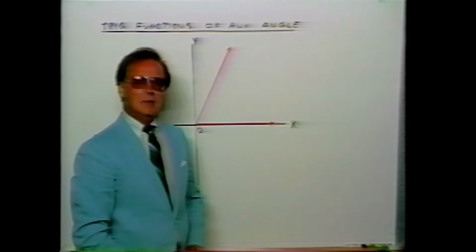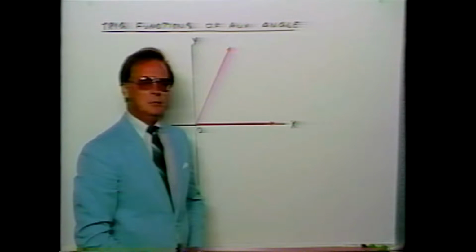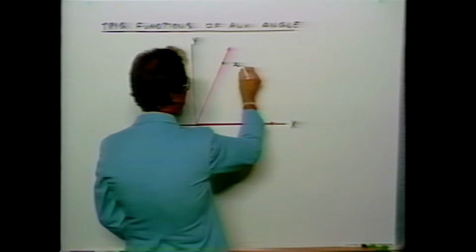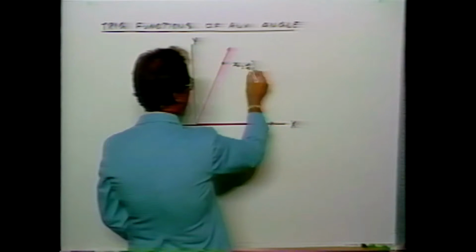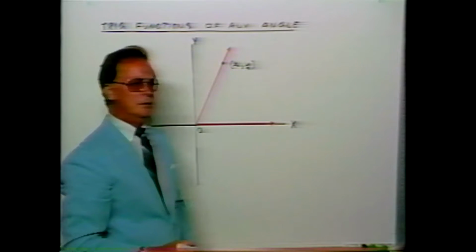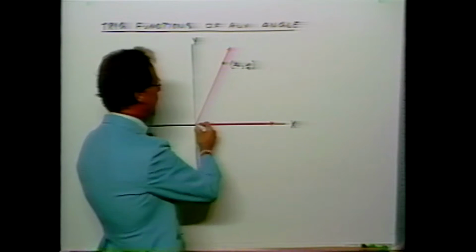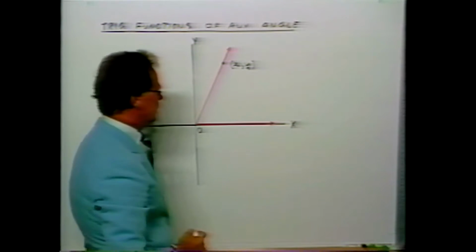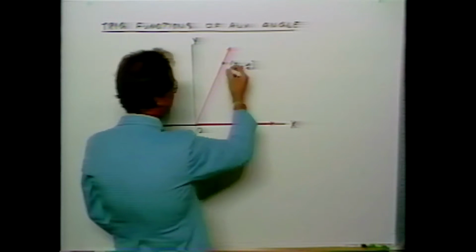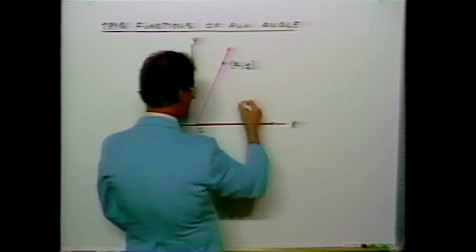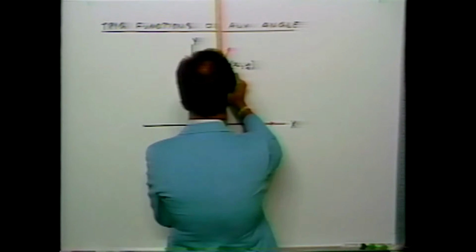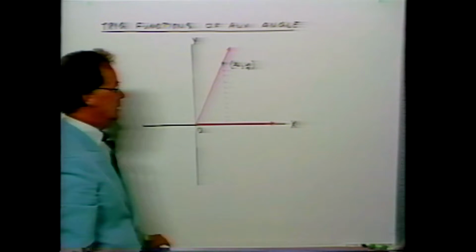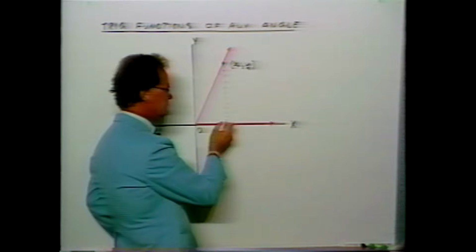On the terminal line, select a point and refer to it as x, y. The length of this terminal arm from the origin to this point can be determined. You can observe that if I drop a perpendicular line to the x-axis from that point, I have a right-angled triangle with the right angle here.